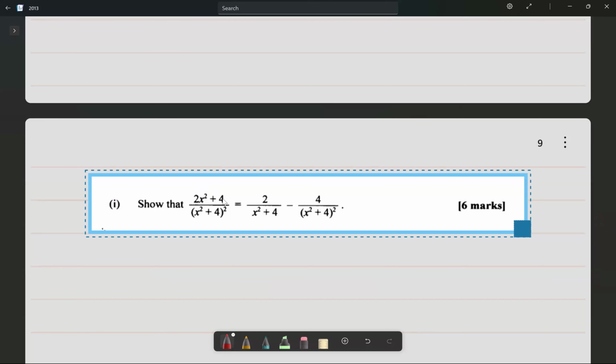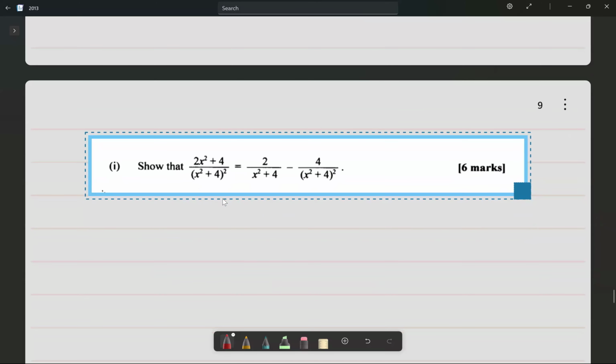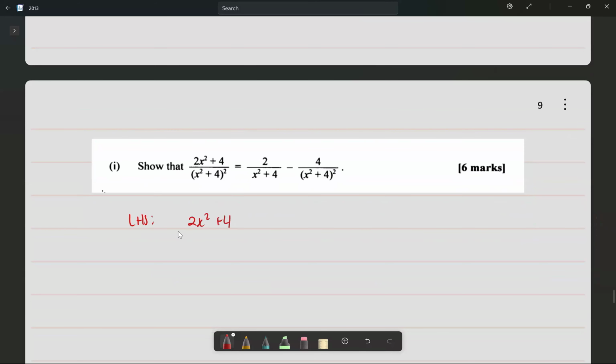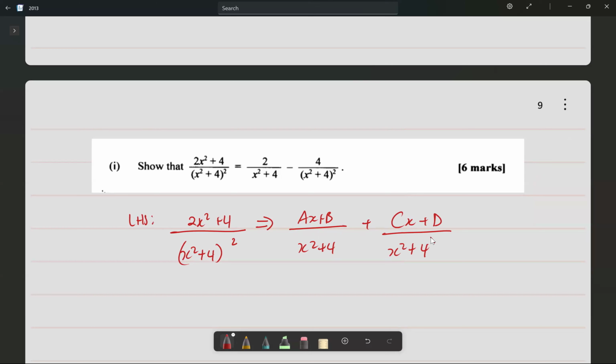To decompose a fraction to get something like partial fractions, though I don't think they're allowed to call them partial fractions, the step I need to take is to say the left-hand side is 2x squared plus 4 all upon x squared plus 4 all squared, and that must be equal to ax plus b over x squared plus 4 plus cx plus d all upon x squared plus 4 squared.